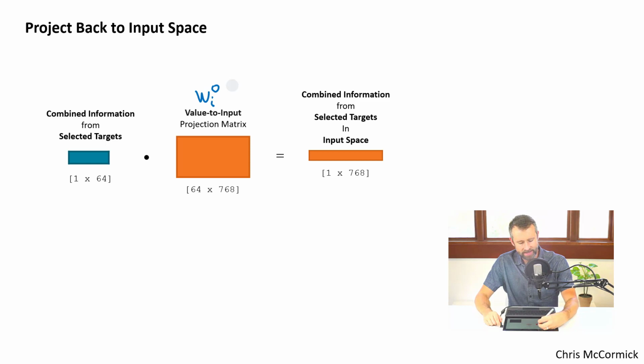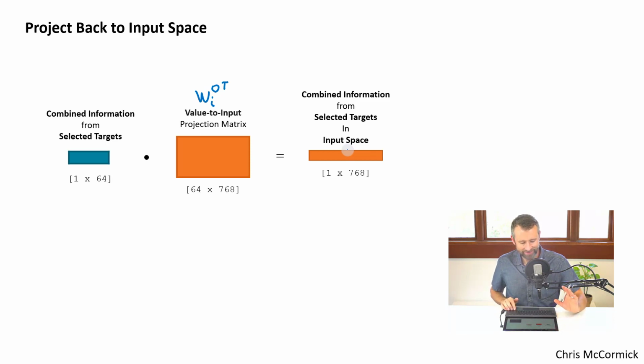And we're taking the transpose of this matrix in order to multiply this vector by it. So when we've done that, what we have is a vector which is the combined information from all of the targets, and it's now in the input space instead of the value space.